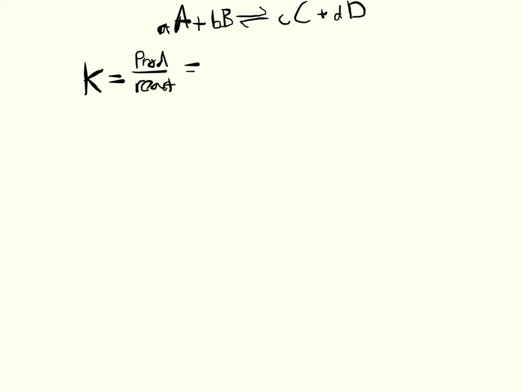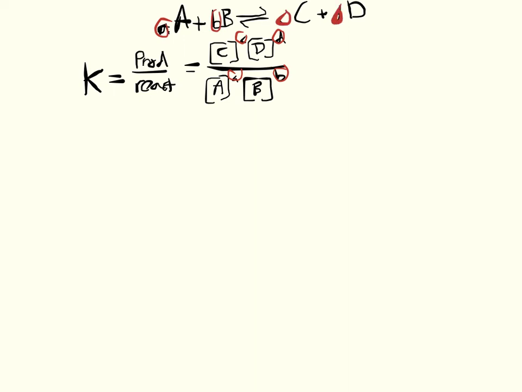More specifically, it would be the concentration of compound C to the C power times the concentration of D to the D power over the concentration of A to the A power times the concentration of B to the B power, where again the lowercase numbers here all come from the coefficients in the equation. So we need to be able to write equilibrium constants for any given reaction.